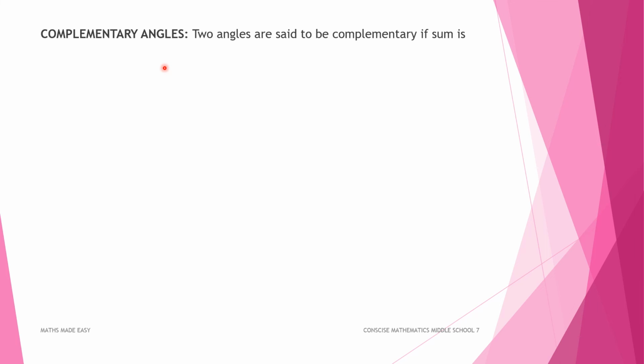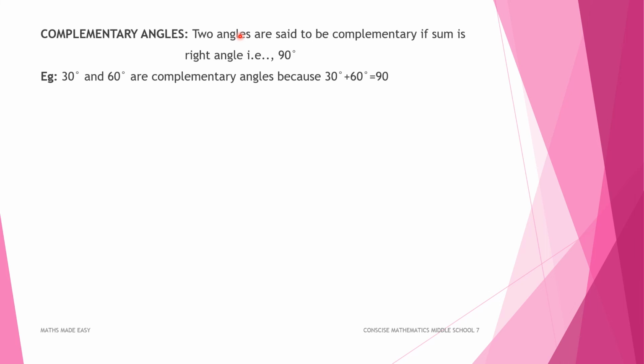Complementary angle. What is a complementary angle? When the sum of two angles becomes 90 degrees, that is a right angle, then it is a complementary angle. Never ever forget this. See, here I am considering two angles, 30 and 60, which are complementary. Why are they complementary?